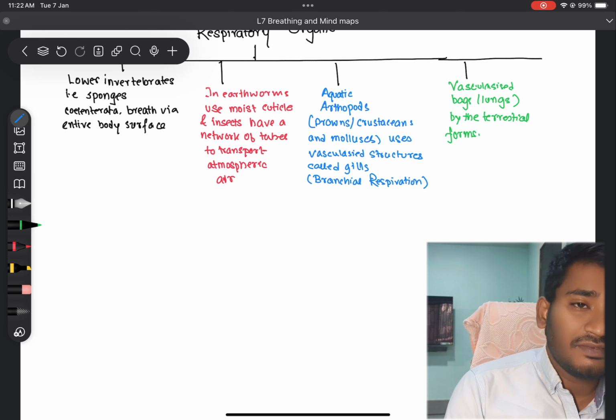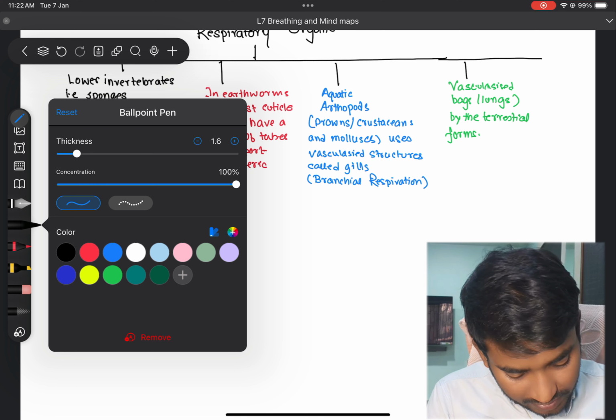Okay, and the last one is the vertebrates. What do the vertebrates use?